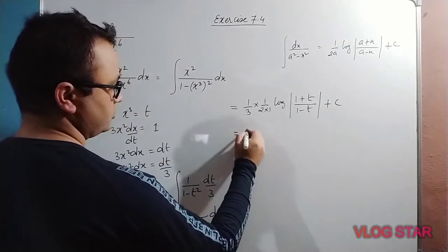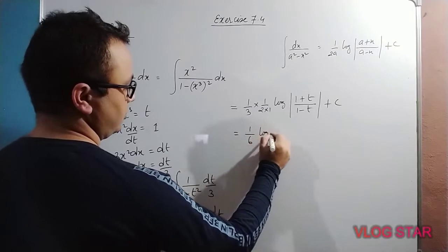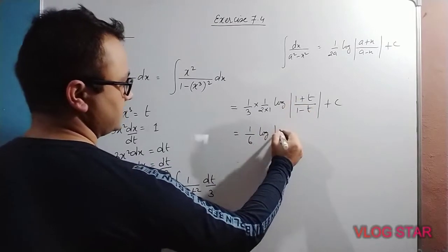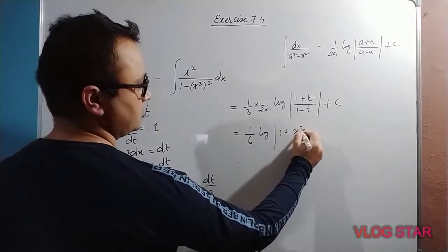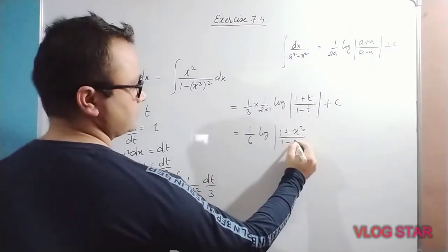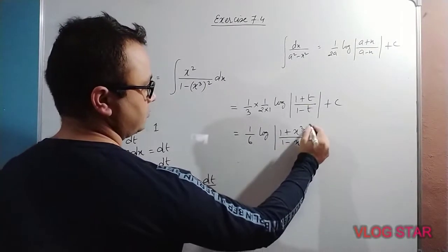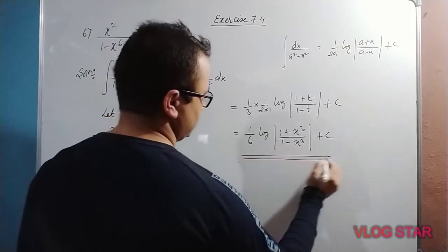So this equals 1 by 3 into 2, that is 6, log of 1 plus, what is t? It is x cube, divided by 1 minus x cube, plus c. Now this is the answer of question number 6.